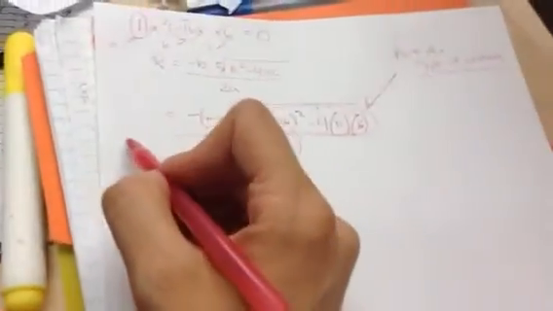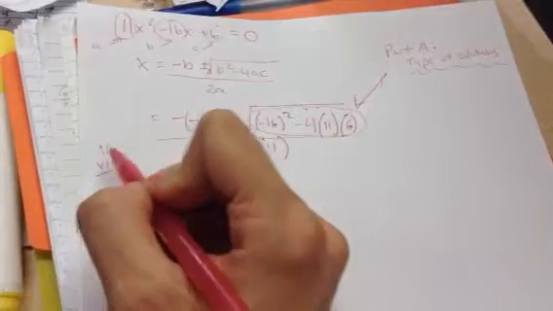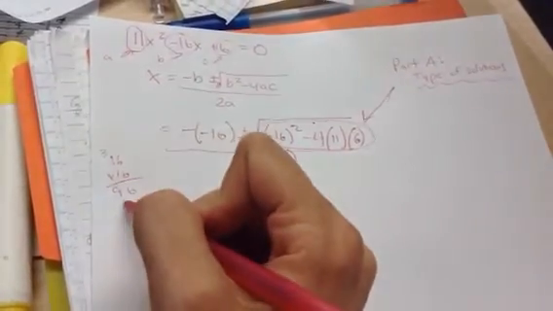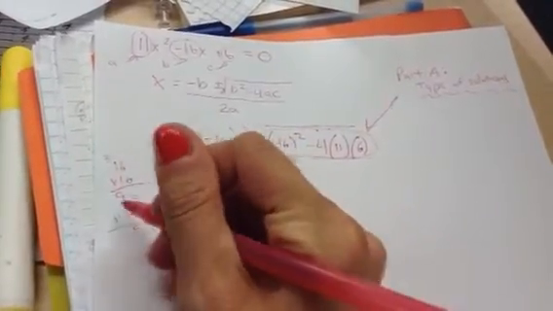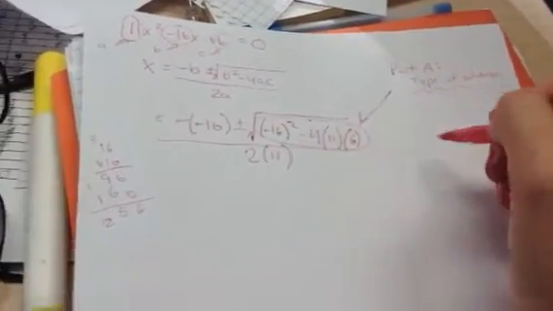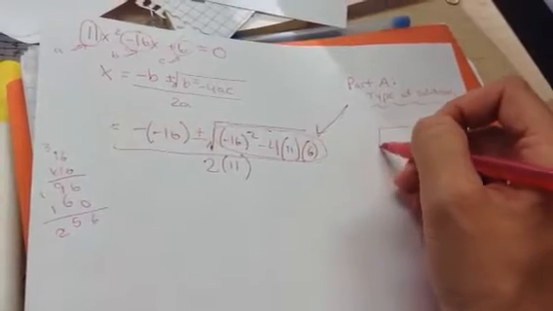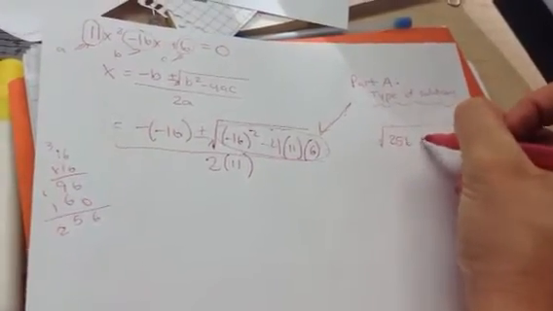I'm just going to do that off to the side here. 256. Square root of, so I'm going to have 256. Oh, I really don't need that square root, but okay, 256.